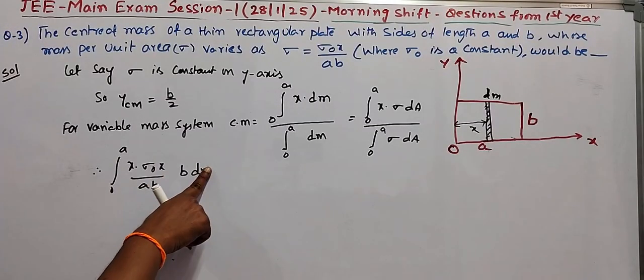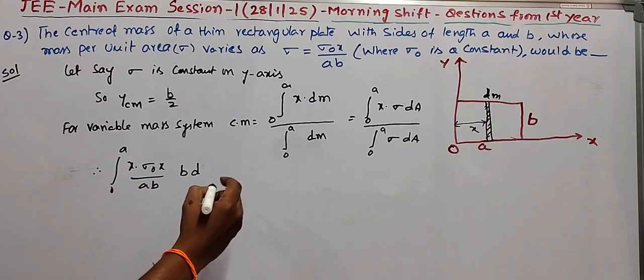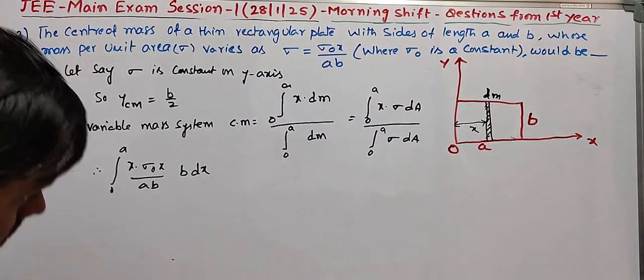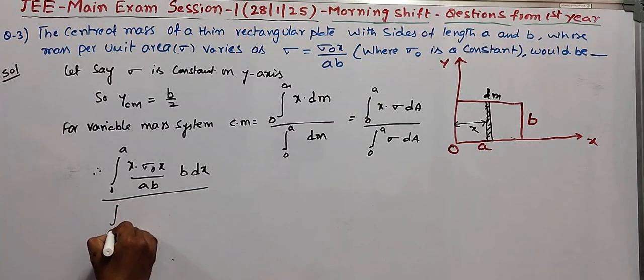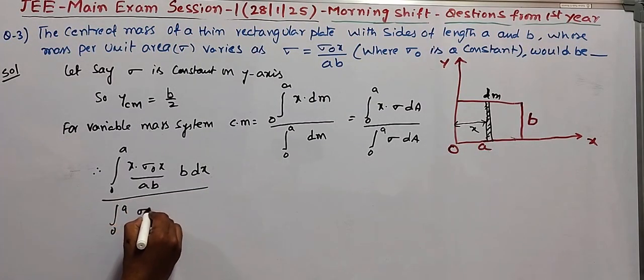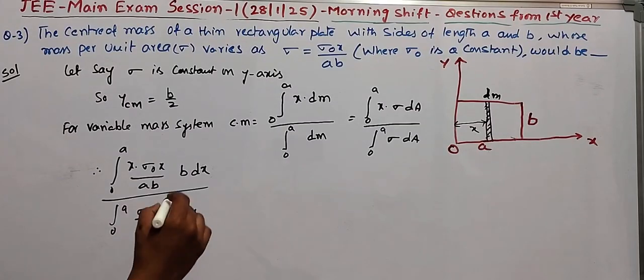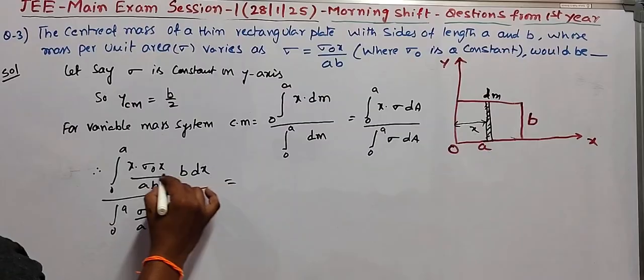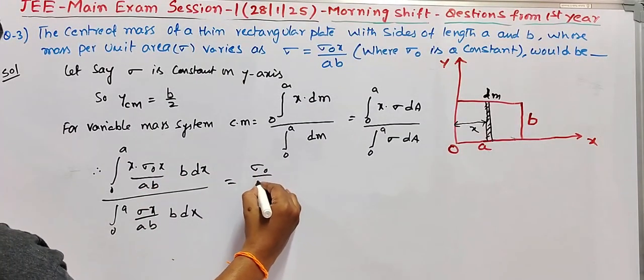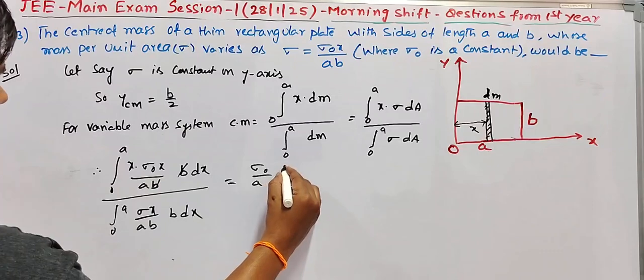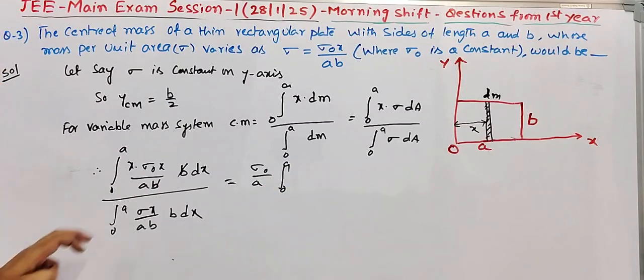Okay, so that mass is nothing but breadth into dx. Breadth into dx, okay, by integral 0 to A sigma naught x by AB into B into dx. Isn't it? So here you see, sigma naught by AB, B is cancelled, taken as common and taken outside the integration because both are constants.